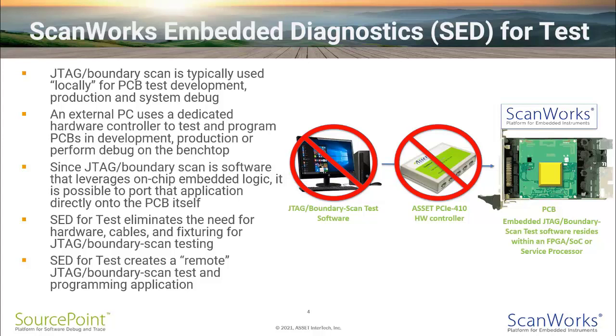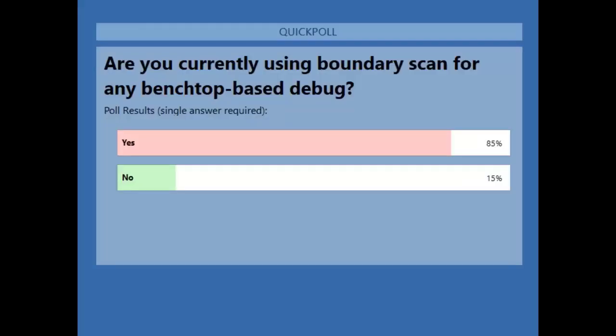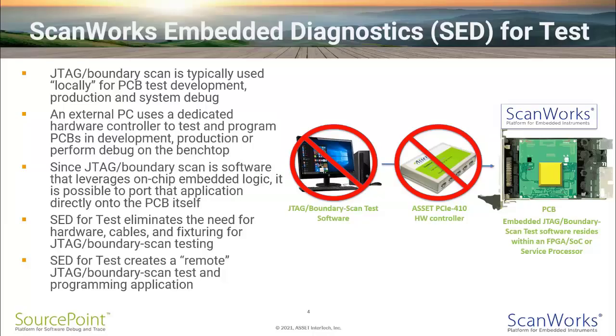Let's share the data with everybody. It looks like most of the audience, 85%, is actually working with boundary scan on a day-by-day basis, on benchtop platforms, and a small percentage, 15%, said no. All right, very informative. Back to you, Michael.